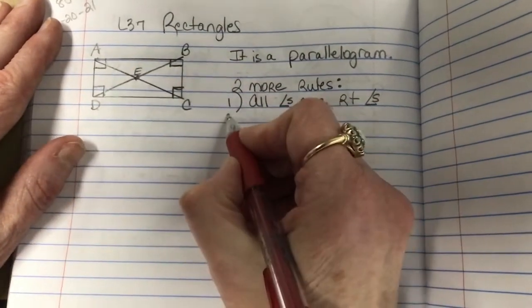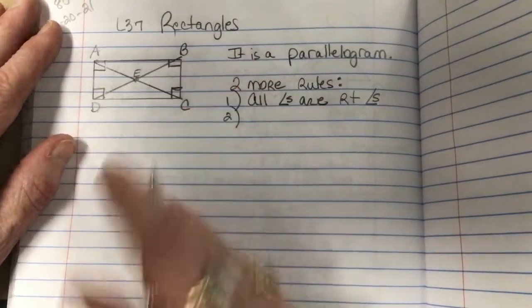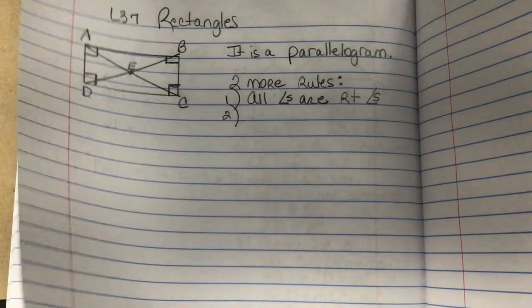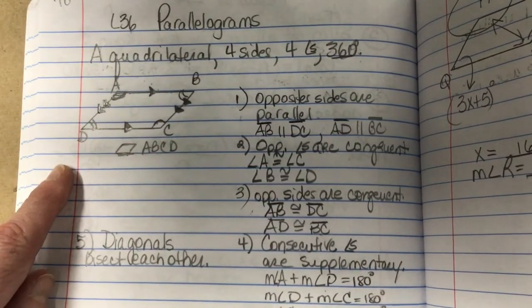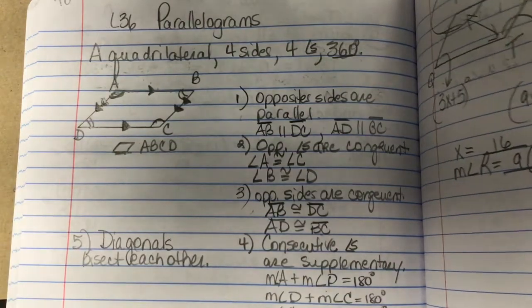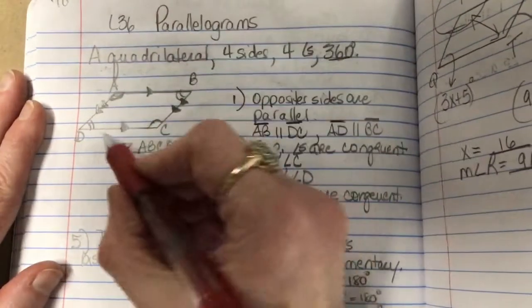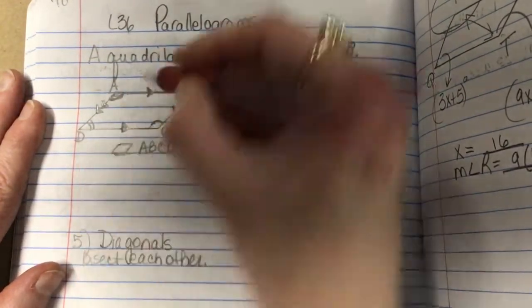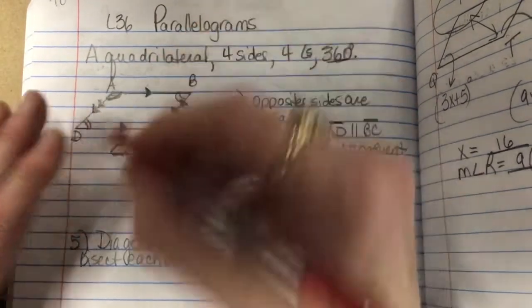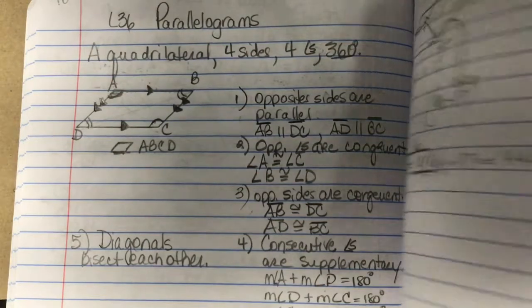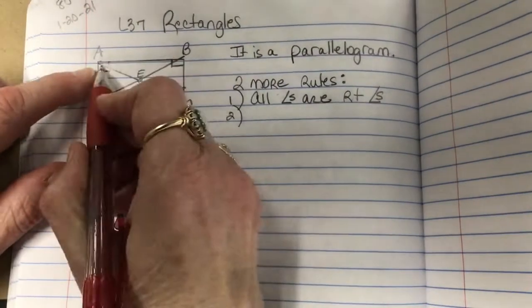Now the second one is going to talk about these diagonals. Now look back at your parallelogram. I think it's real obvious if I draw them, and I didn't draw them, but it was on that picture I had a while ago. There will be a long diagonal and a short diagonal. Always in a parallelogram, there's always going to be one longer than the other. But look at them in the rectangle.